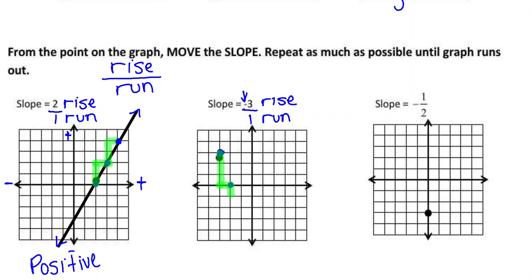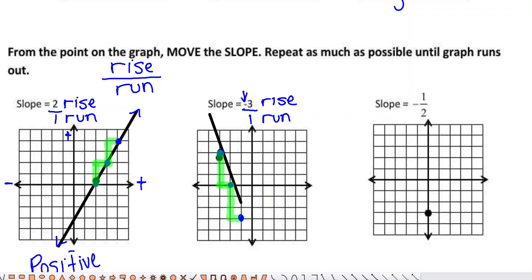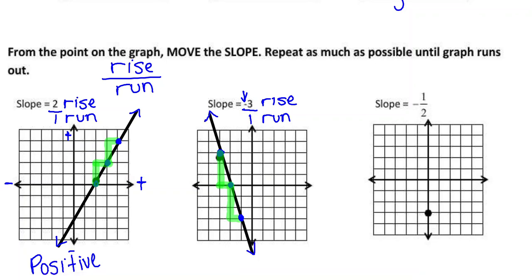Down 3 over 1 again, and now I'm out of spaces to go. So I'm going to draw a nice, pretty straight line as best as I can, off your graph. You can see from your slope it was negative, and this line has a negative slope.